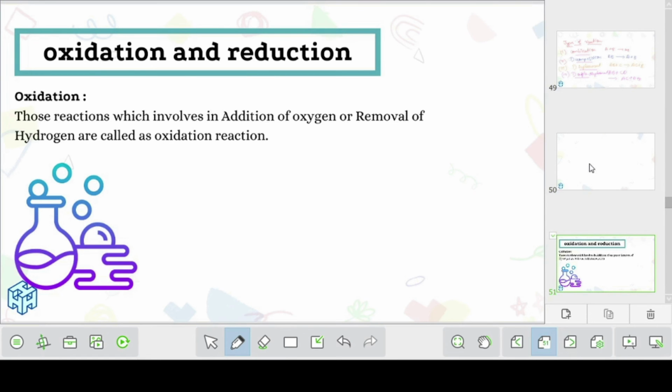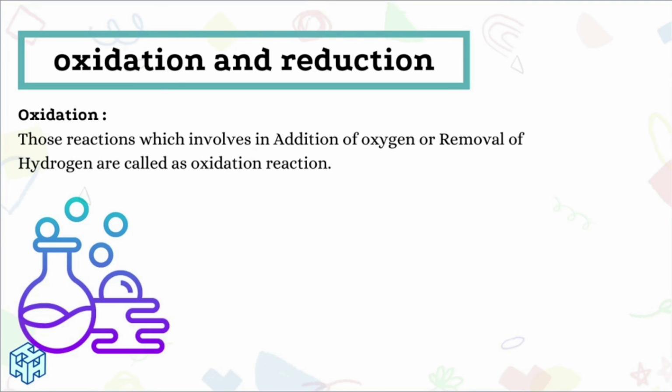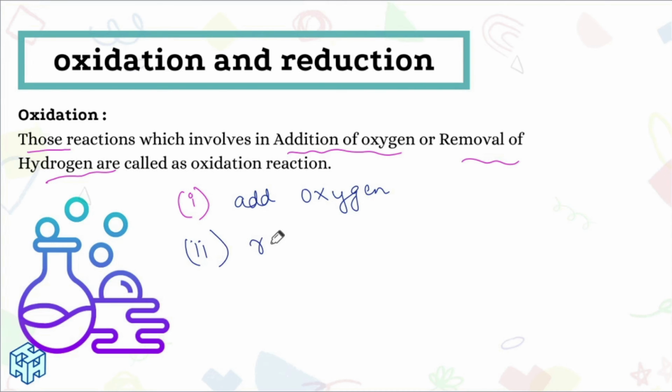Now, welcome back guys. Let us understand the concept of oxidation and reduction. What is oxidation? Those reactions which involve addition of oxygen or removal of hydrogen. There are two points that can be called oxidation. Either I am adding oxygen, or the second condition, remove hydrogen.